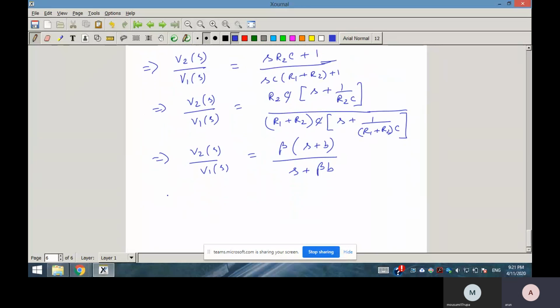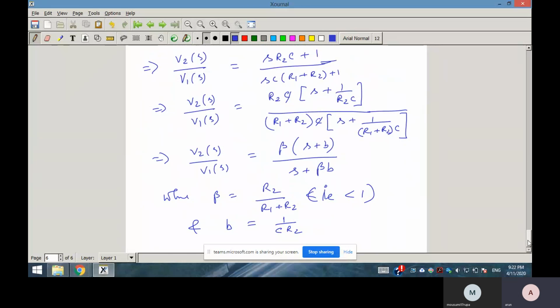Beta is R2 divided by R1 plus R2, which is less than 1 as expected, and greater than 0. And what will be your B? B will be 1 by C into R2.